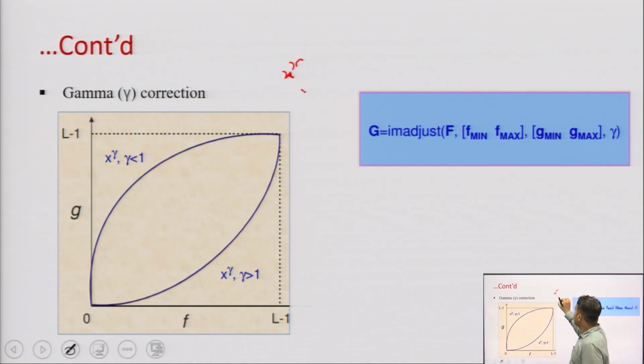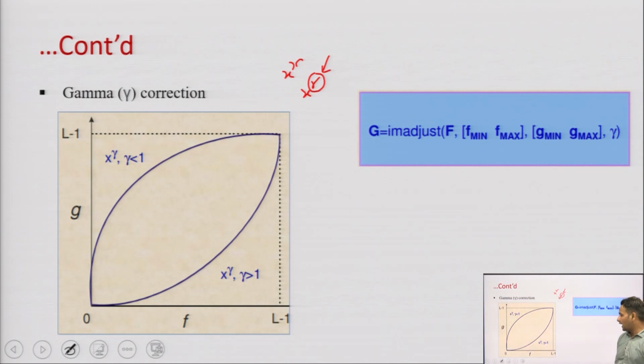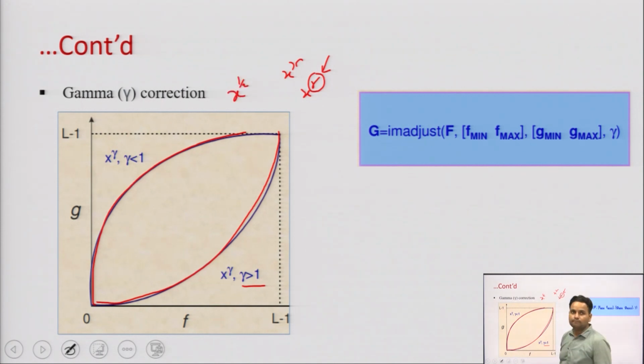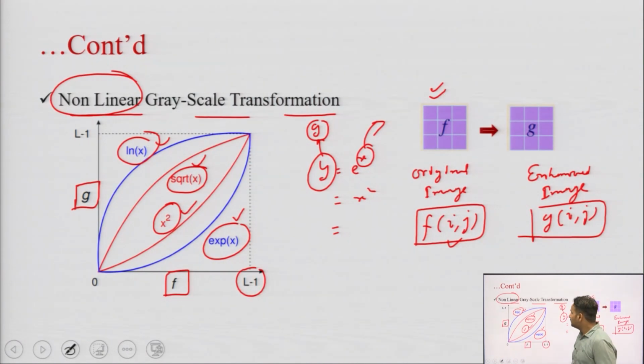Gamma is just the exponent value of x, and if gamma is greater than 1, then your curve looks like this. If it is less than 1, for example x raised to the power 1 by 2, then you can see in the previous diagram that it is the square root. The square root has this kind of diagram.